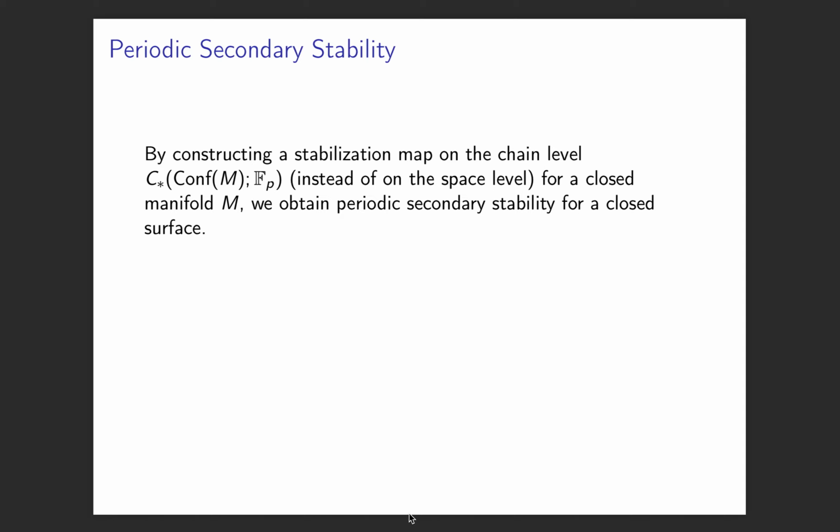The reason why we don't really get periodic secondary stability for higher dimensional manifolds is because in dimensions 3 and above, we already get an optimal stability range for homology with FP coefficients. So looking at secondary stability, for example, doesn't give you any new information. So we're only interested in the dimension 2 case in this case.